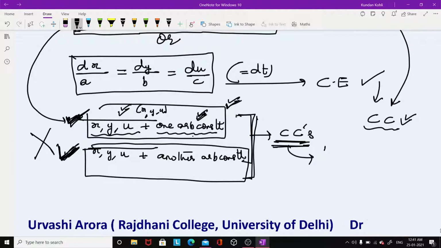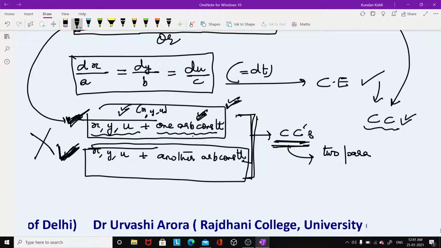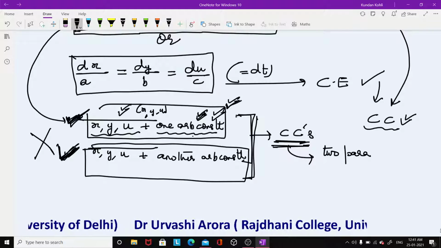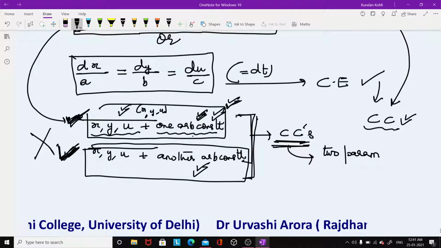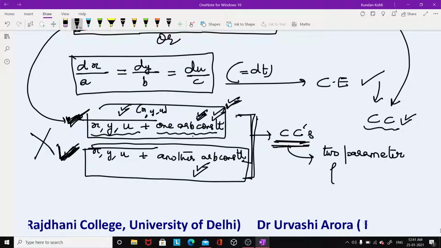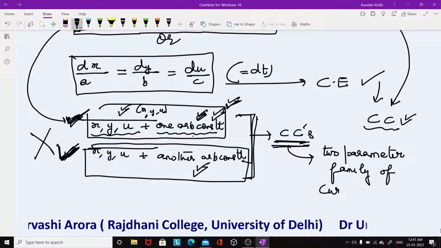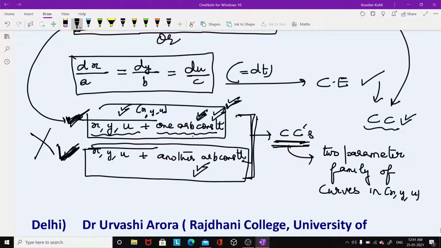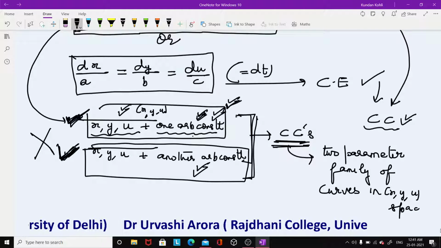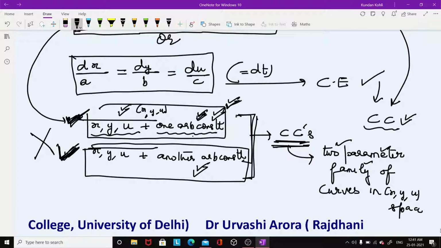In general they will be a two parameter family, because one parameter is this arbitrary constant, and the other parameter is this. So the characteristic curves are going to be a two parameter family of curves in the xyu space.